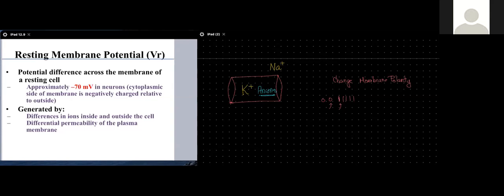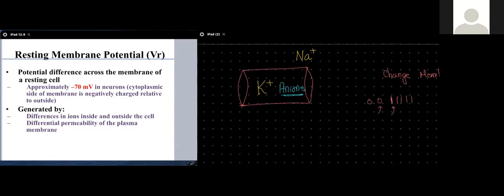So in resting state, if the nerve cell is not conducting an electrical impulse, the outside of the cell membrane is going to be more positively charged, and the inside of the cell membrane is going to be more negatively charged.